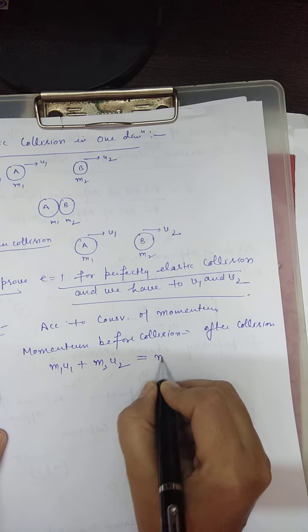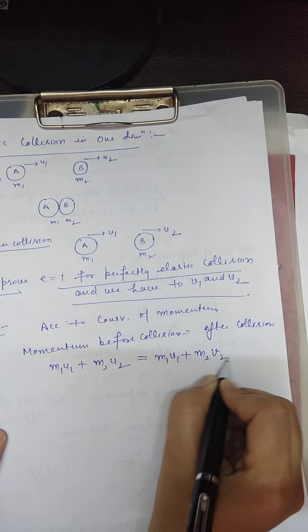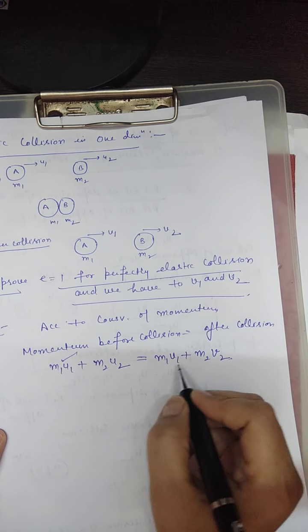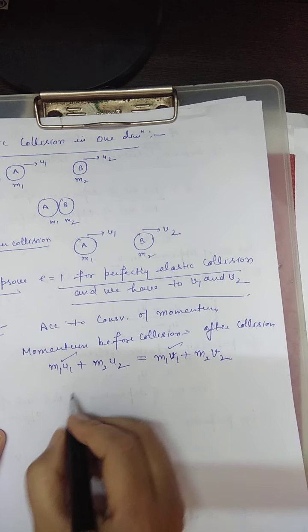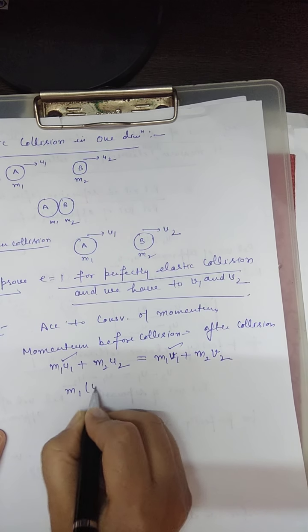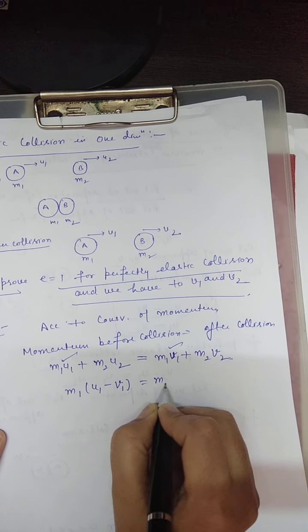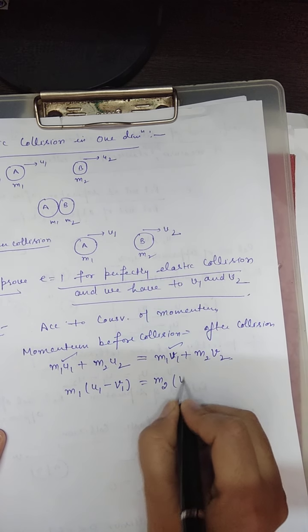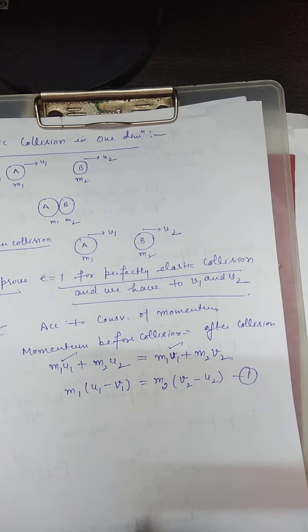After collision, it is m1 into v1 plus m2 into v2. Now combine the terms containing m1 and m2. So m1 into (u1 minus v1) is equal to m2 into (v2 minus u2). This is equation number 1.